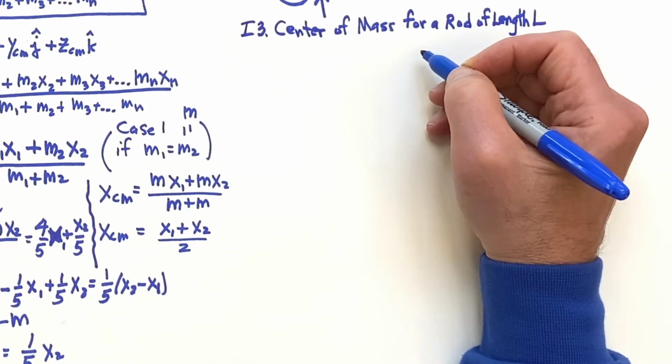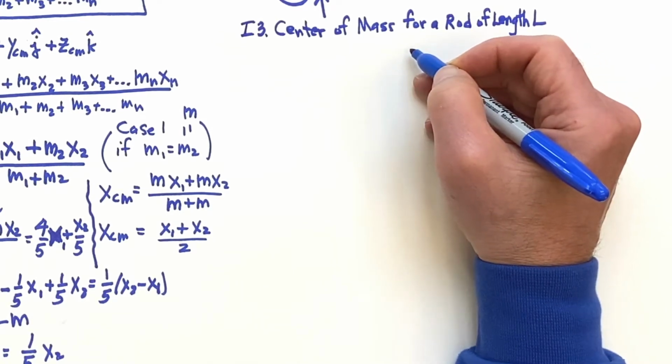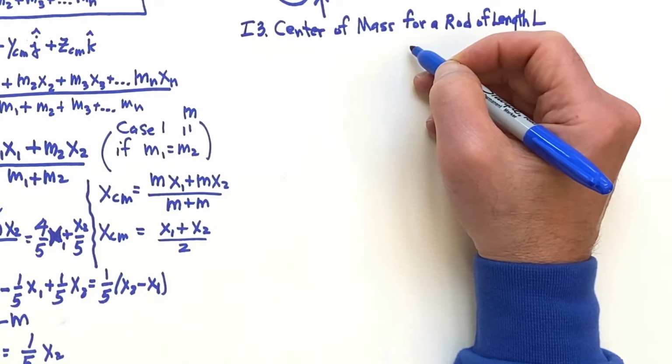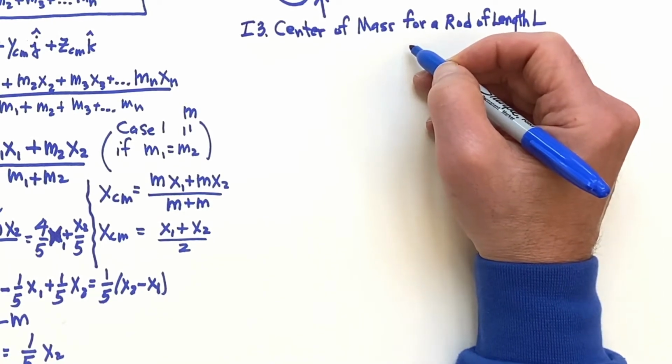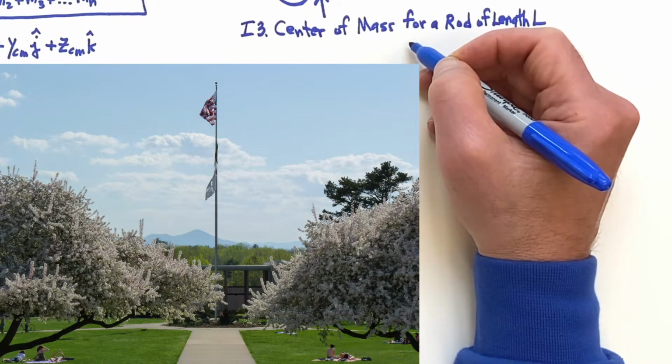In fact, I'd like to do this more than one way. Remember that in physics and engineering and in life in general, it's always good to know more than one way to do something, all right? And I apply that in my everyday life. For example, if I'm going to get to school, I can drive, but I could also bum a ride off a neighbor.